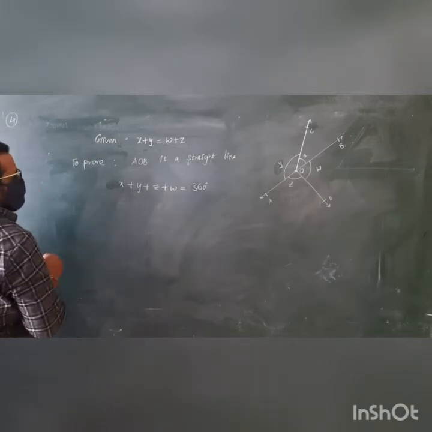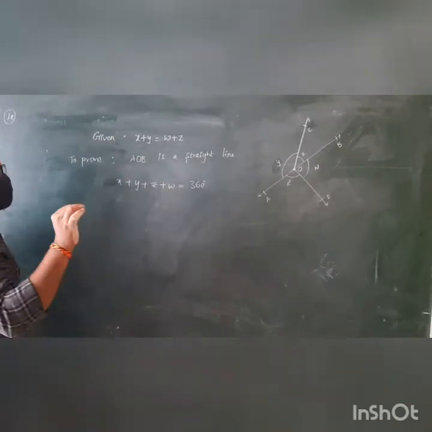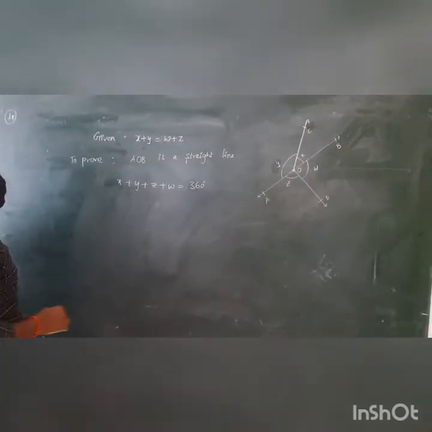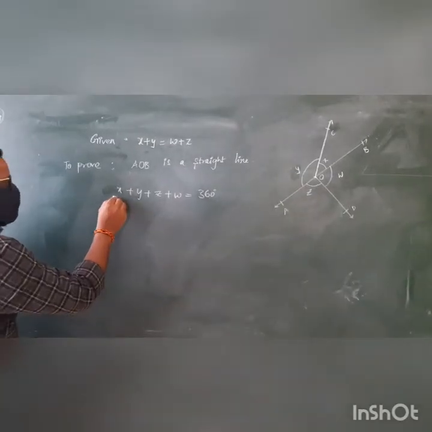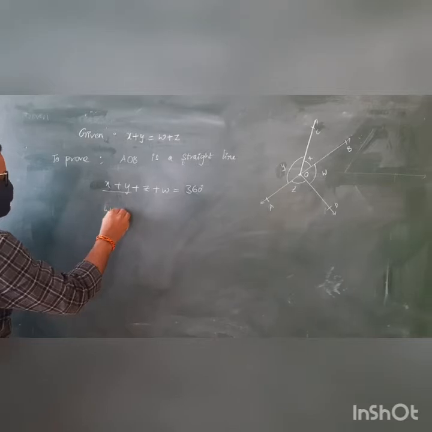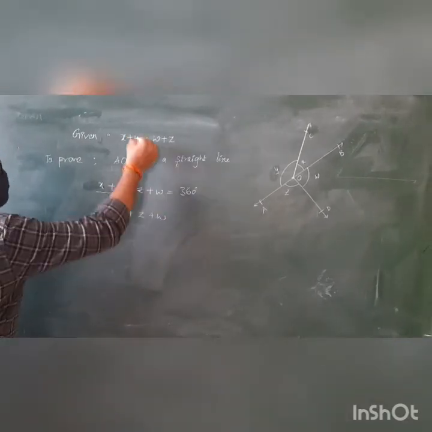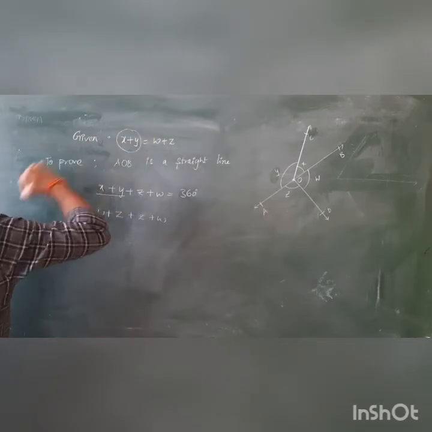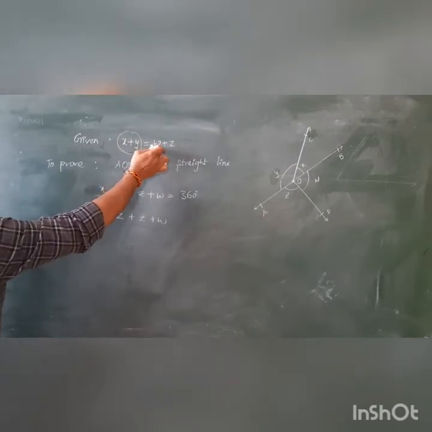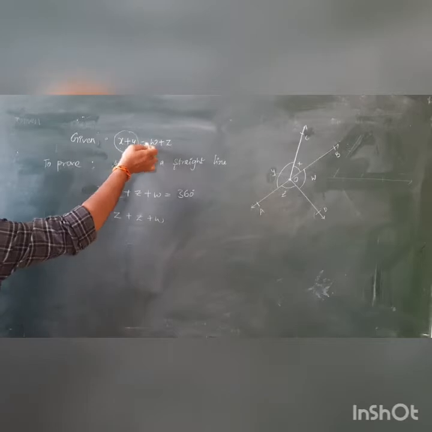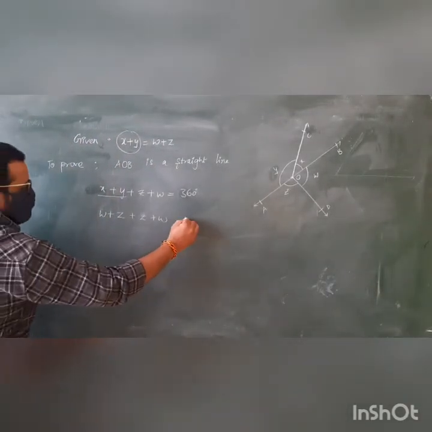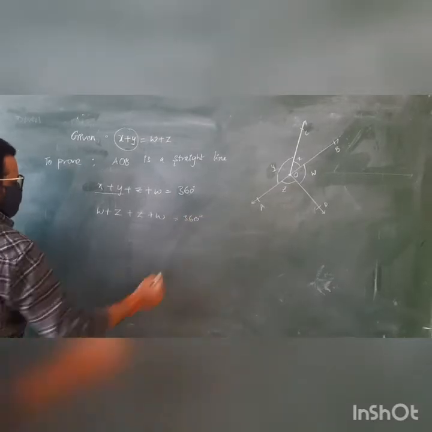But according to the question, they gave x plus y equal to w plus z. So in place of x plus y, I am taking w plus z. Because here we can see in place of x plus y, I am taking w plus z, so w plus z plus w plus z equal to 360 degrees.